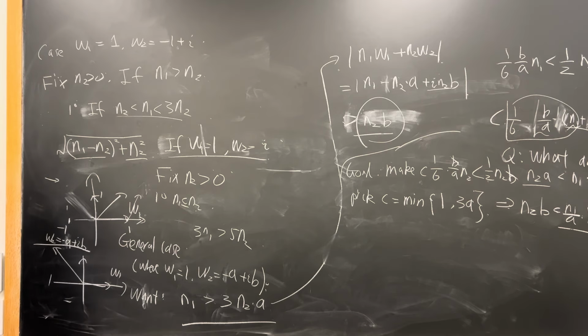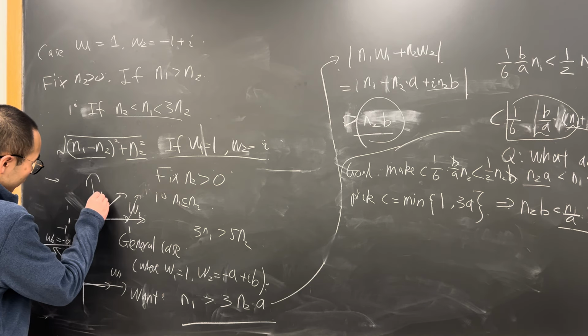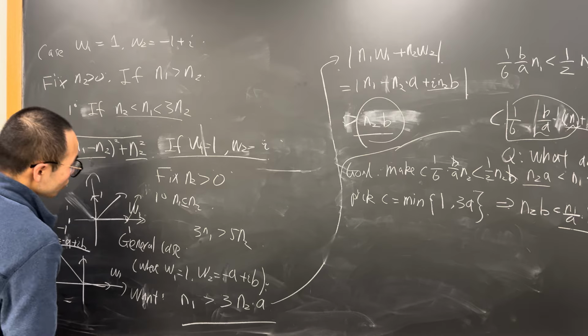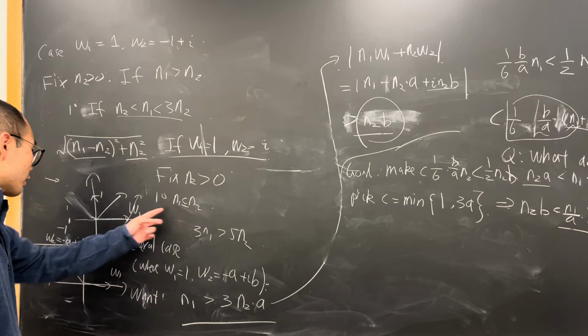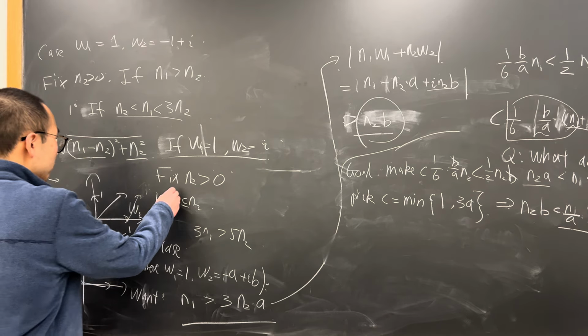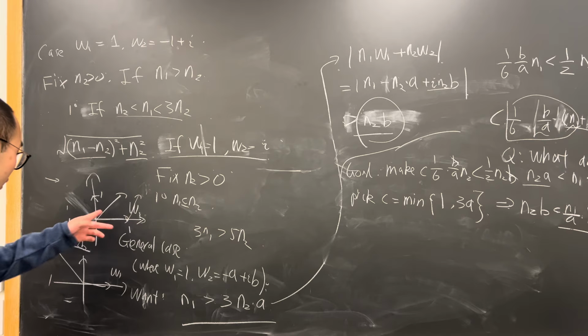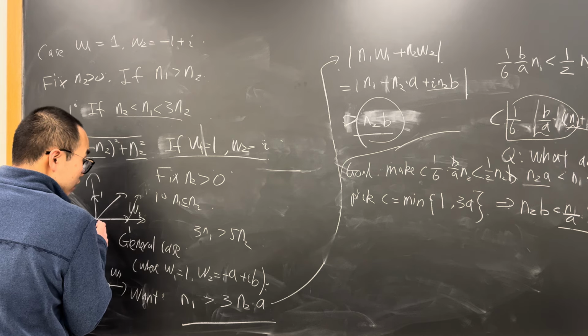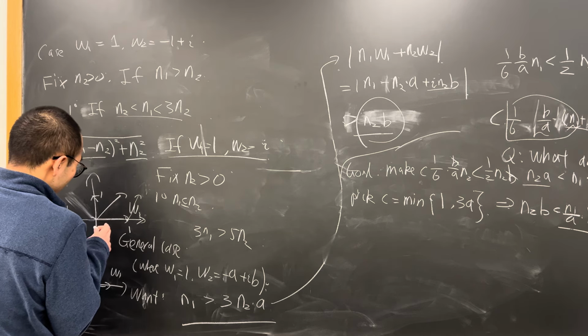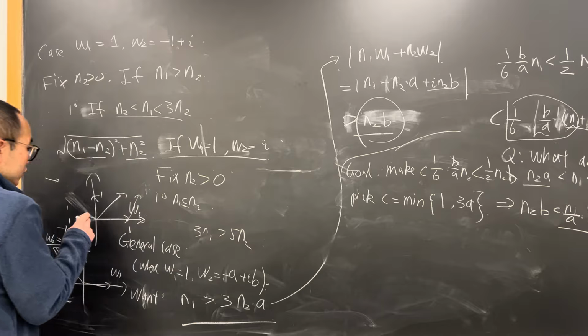I think the real lower bound is, if we consider n1 less than or equal to n2 but bigger than or equal to 0, right? It must be bigger than or equal to 0, otherwise it's 0.